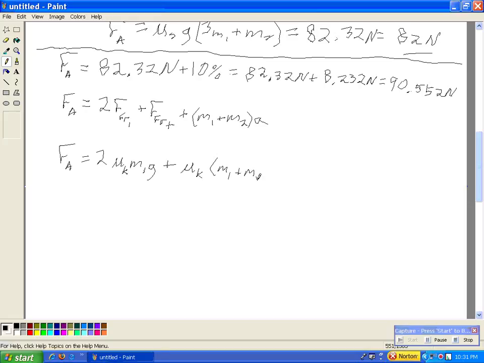I mean, piled up. Okay, and that's also their weight. And lastly, m1 plus m2 a. We want to solve for a.